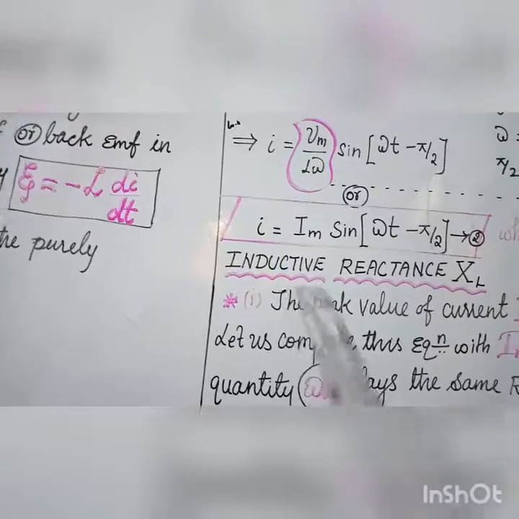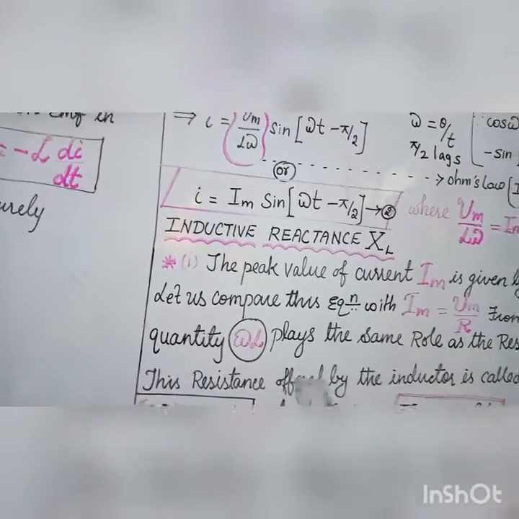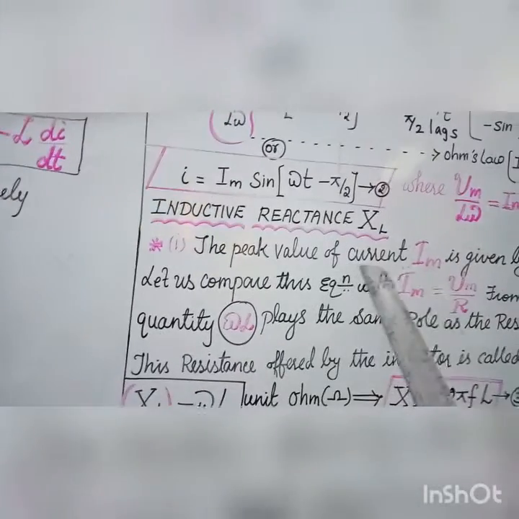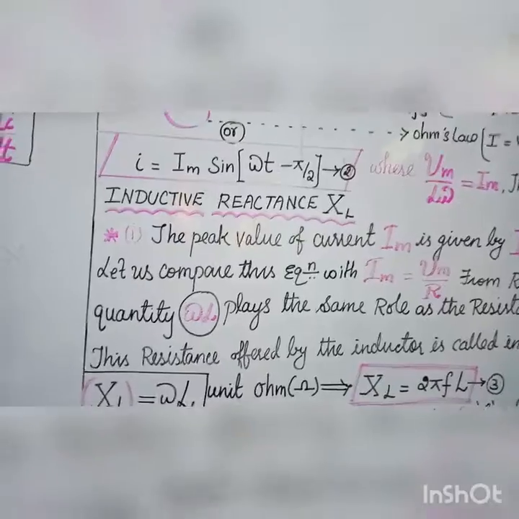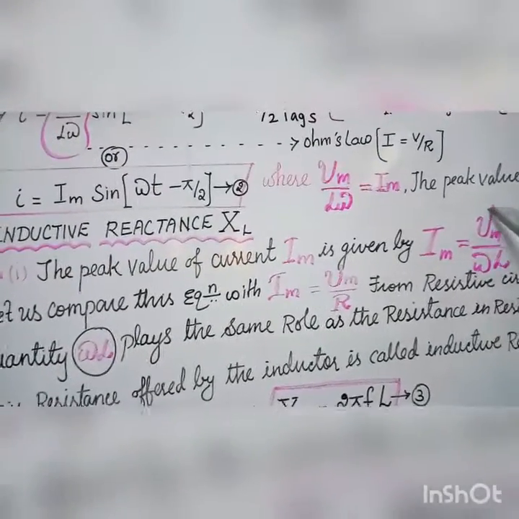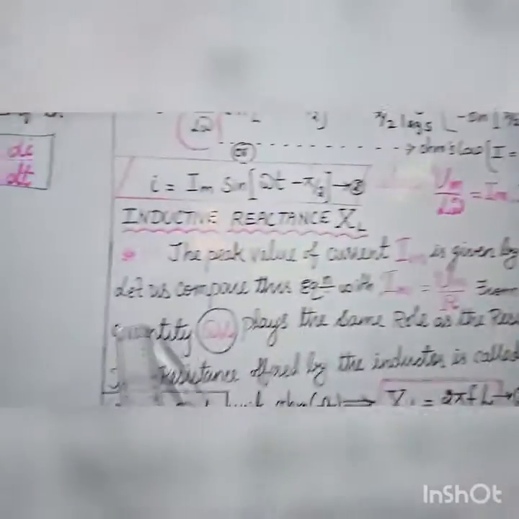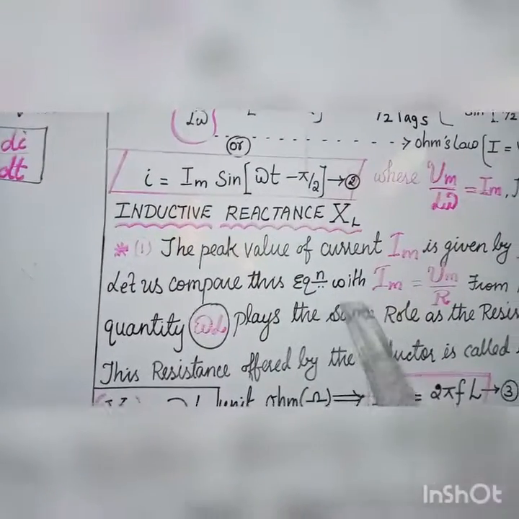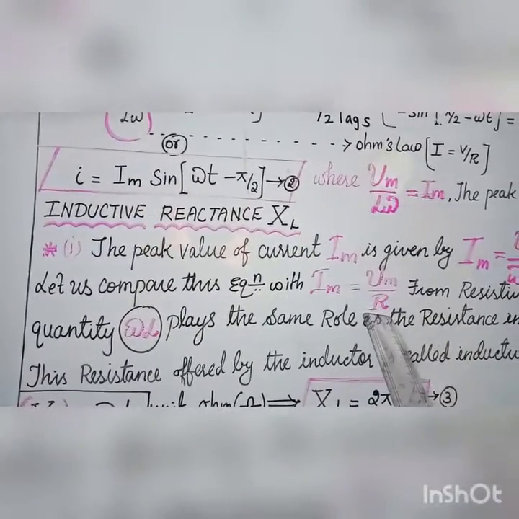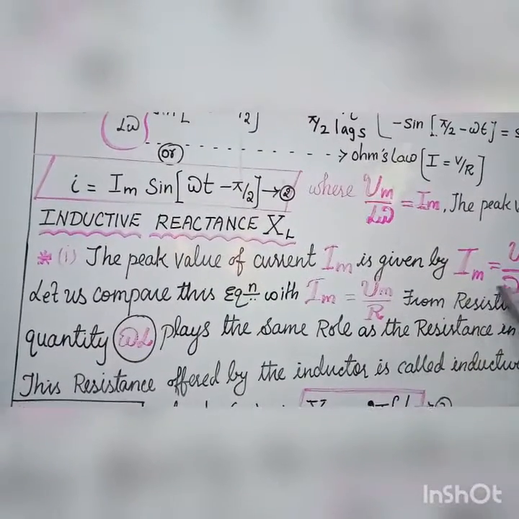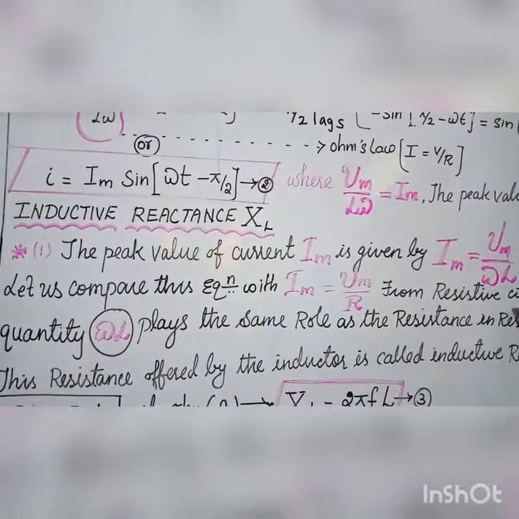What is inductive reactance XL? The peak value of current Im is given by Im equals the maximum voltage divided by omega L. Let us compare this with Im equals the maximum voltage divided by resistance in a resistive circuit.